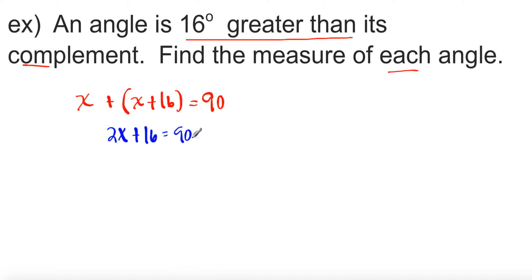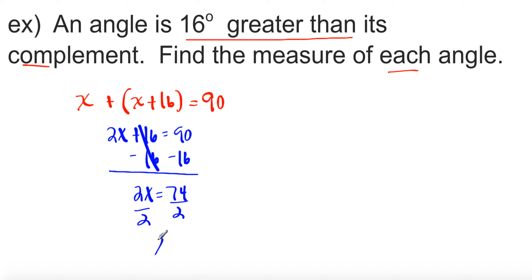And we'll subtract 16 on both sides. 16's cancel. 2x is equal to 90 minus 16 is 74. And we'll divide that by 2. And x is 37.